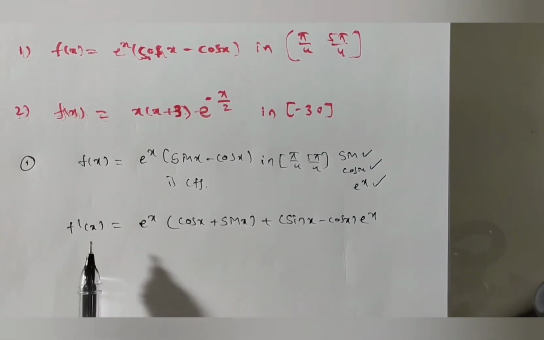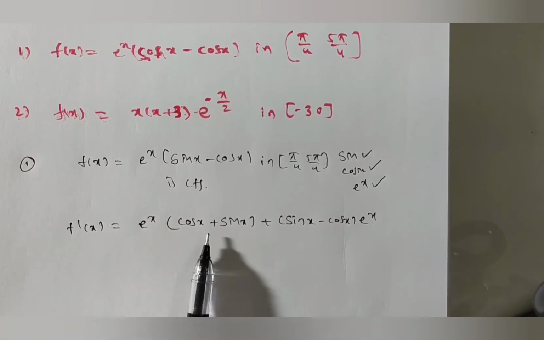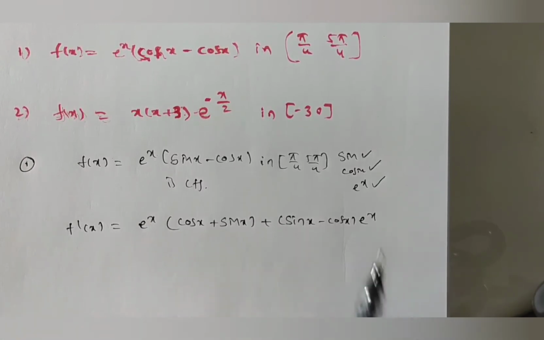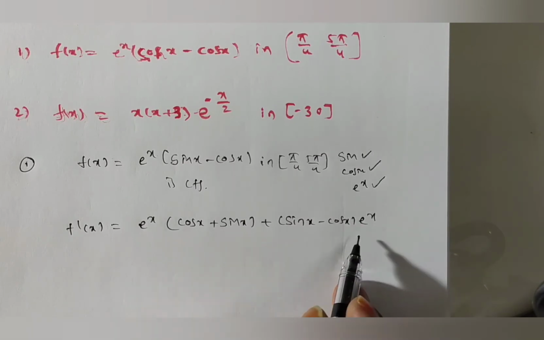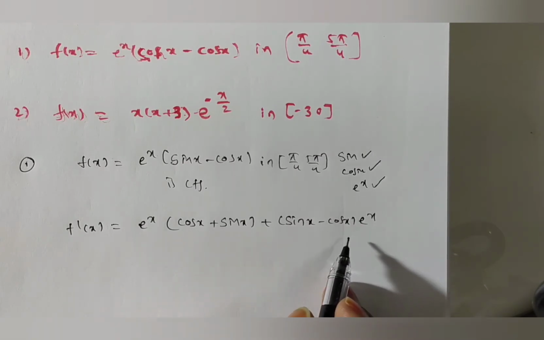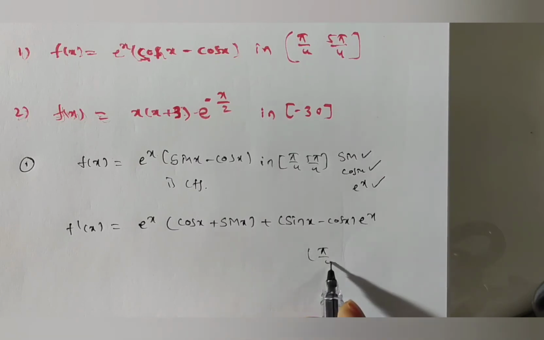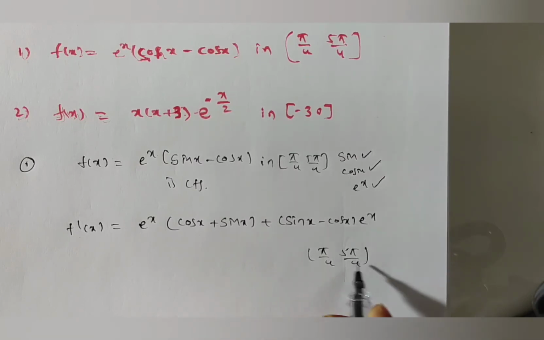I will repeat again, f dash of x is equal to first term into second term derivative plus second term into first term derivative. Now this is an exponential function, here also you have an exponential function. So f dash of x, what can you say, is it defined or not in the open interval pi by 4 comma 5 pi by 4?